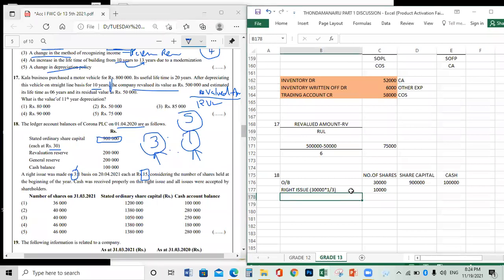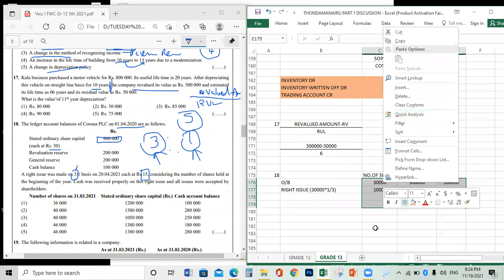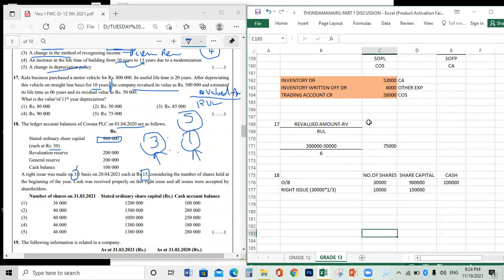So if you have 3 shares, you will get 1 share. So 10,000 into 15 per share is 150,000. So what's the double entry? Cash debit, share capital credit.